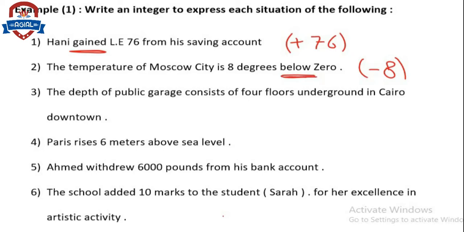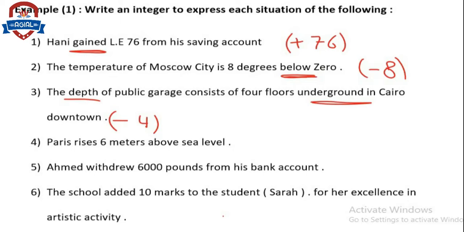And now, number 3, the depth of a public garage consists of 4 floors underground in Cairo downtown. We have the depth and underground. So the answer is -4. Excellent.